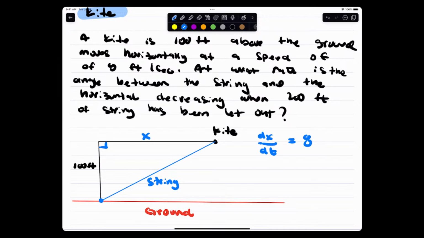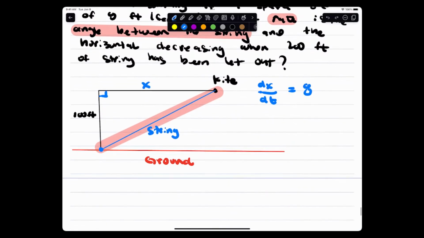Okay? And then you might say, what's the question here? They're saying at what rate, so that's going to be a derivative because it's a rate, is the angle between the string, there it is, and the horizontal decreasing when 200 feet is let out. So 200 feet of string is let out. So I'm going to put this here, just so people know eventually, 200 feet.